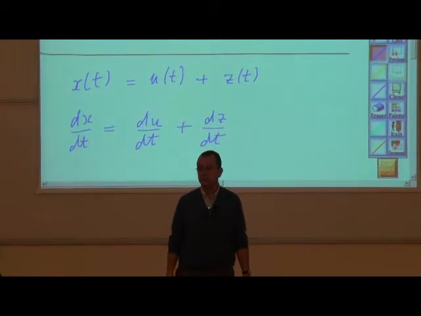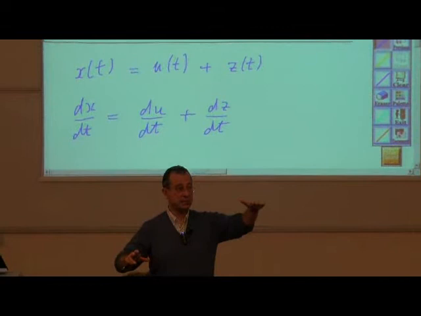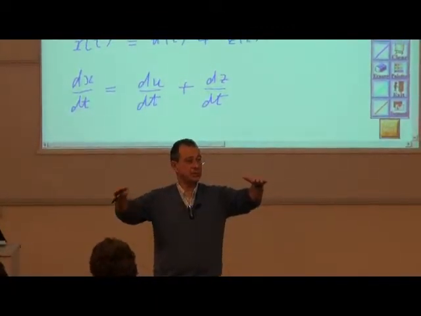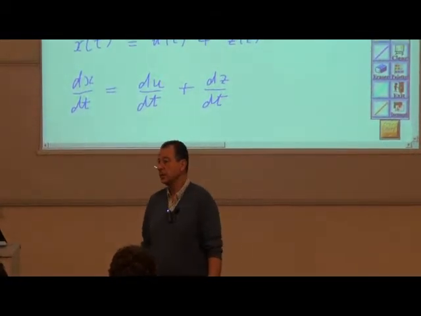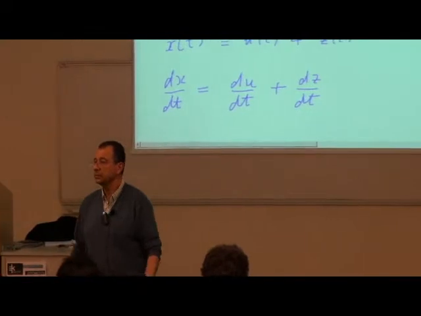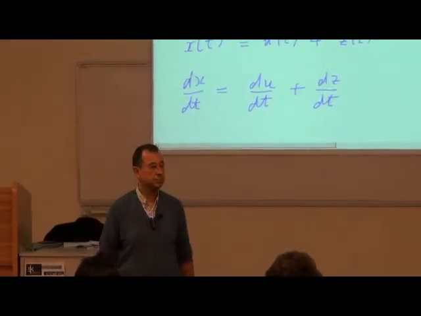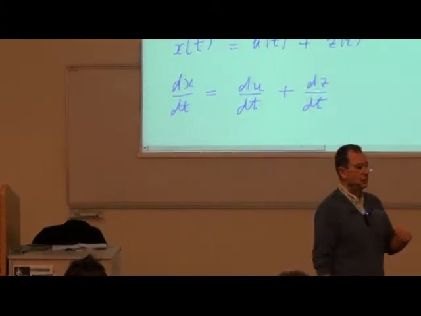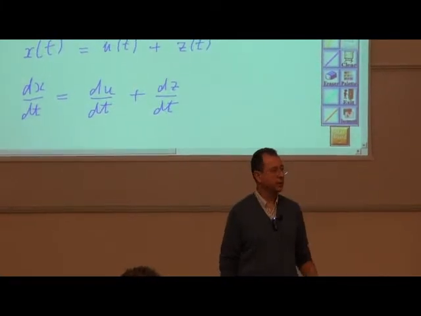Okay. If something is the sum of two things, the change in that something is just the change in u plus the change in z. Okay? If you and I have a common bank account, and we both put or take out money from there, the total in the bank account is what you are doing, let's say u, and what I am doing, let's say z.